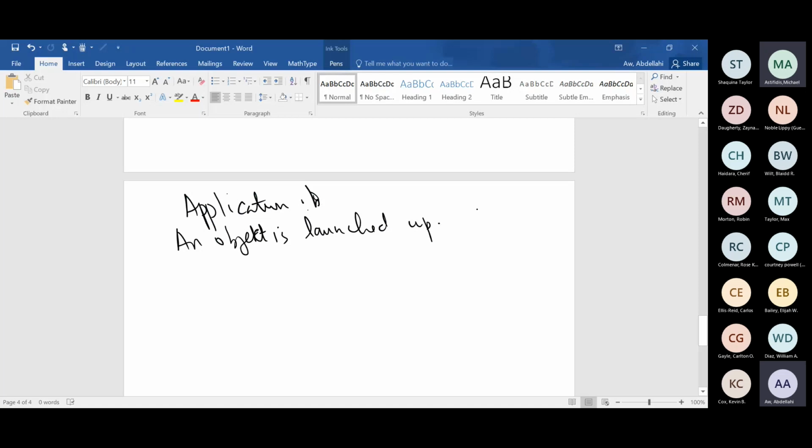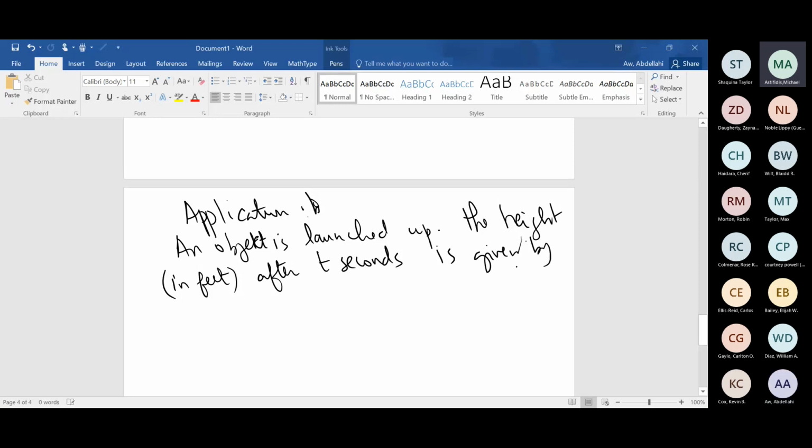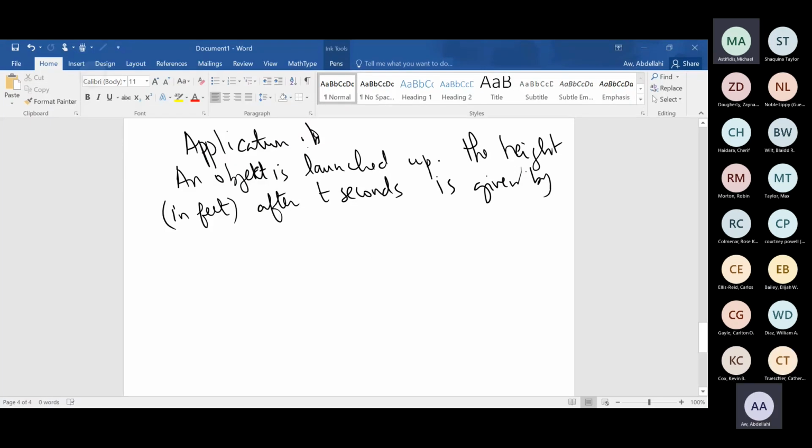And the height in feet after t seconds is given by h of t equals negative 4.9 t squared plus 15t plus 2, right?